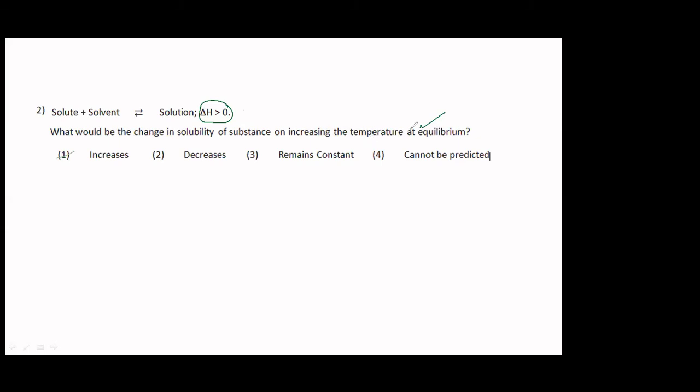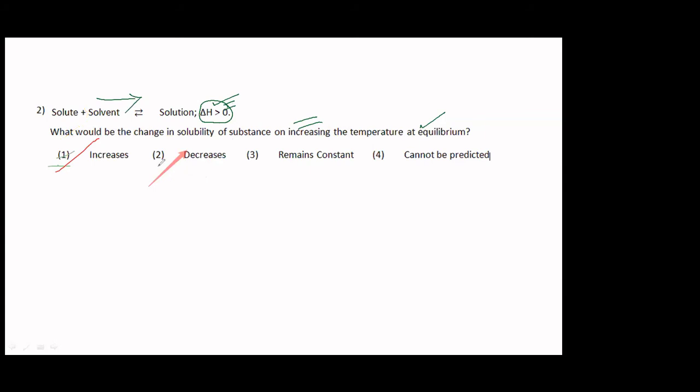It cannot be predicted. According to Le Chatelier's principle, if it is an endothermic process, an increase in temperature will favor the process. So if you increase the temperature, solubility must increase, isn't it? The equilibrium shifts in the forward direction, because in the forward direction, energy is absorbed.